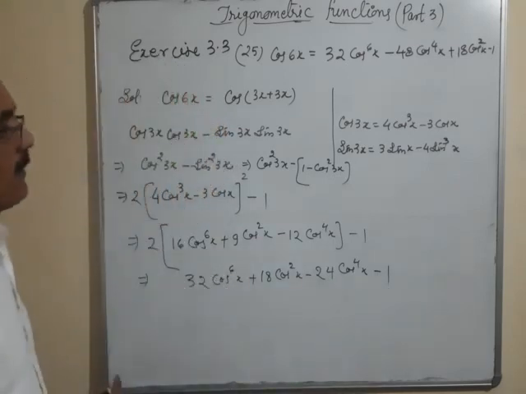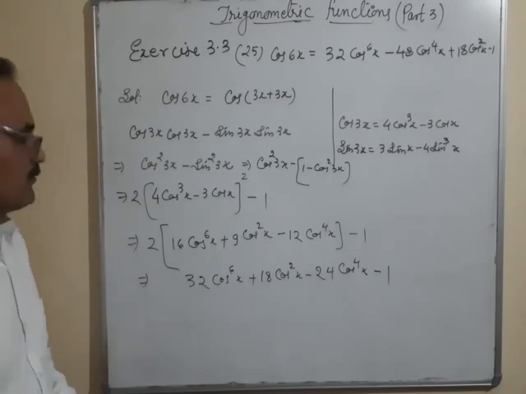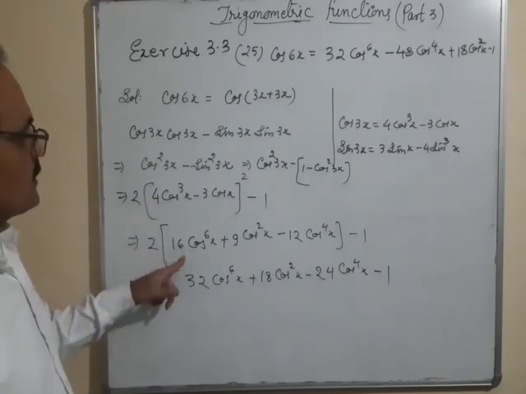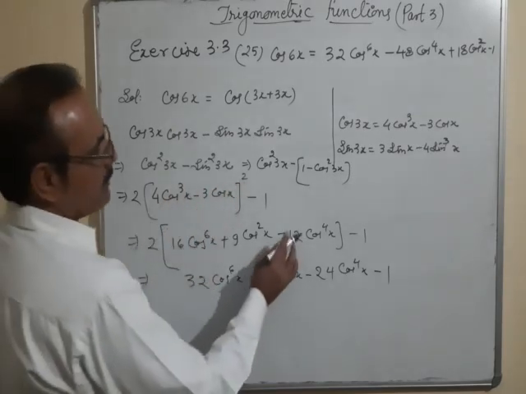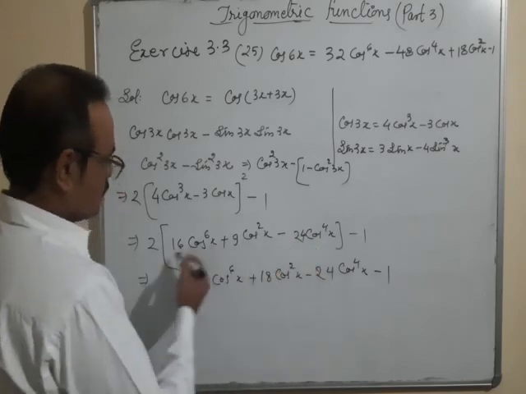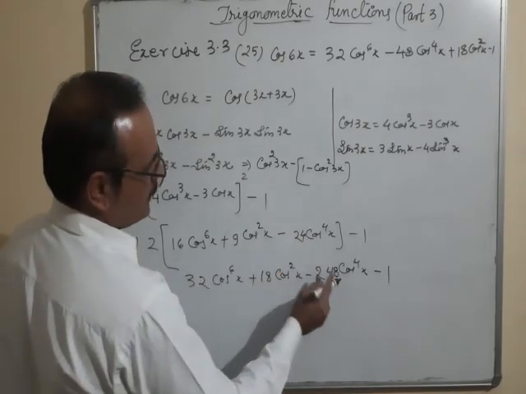Your answer has 32, 18, 24, so one thing is left somewhere. Let us see, 4 4s are 16 plus 9, 2ab, 4 2s are 8, 24 is coming here. So 24 times 2 is 48.